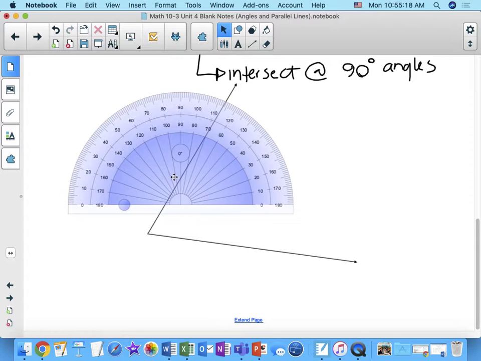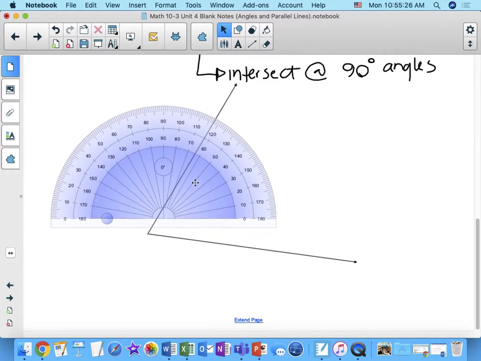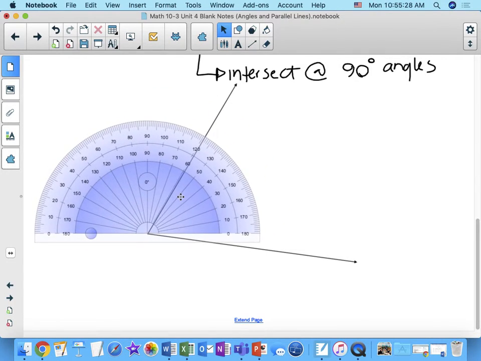Okay, so you want to take this pointy part right here, the vertex, and you want to take the perpendicular part of your protractor and put it right there. Then this horizontal line at the bottom of your protractor needs to line up with one of the two arms of your angle.